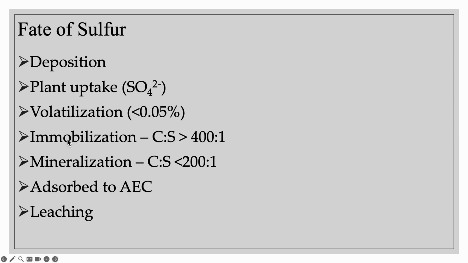We can have immobilization and mineralization with varying carbon to sulfur ratios, much like our carbon to nitrogen ratio. It can be adsorbed to the anion exchange capacity, or it can undergo leaching, or it can be leached.